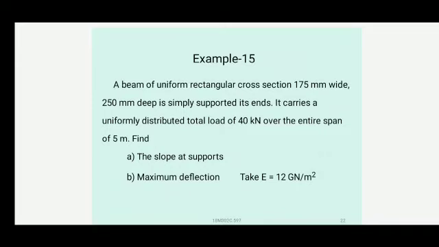It carries a uniformly distributed load of 40 kilonewtons over the entire span of 5 meters. Find the slope at supports and the maximum deflection. Take E is equal to 12 giganewton per meter square.